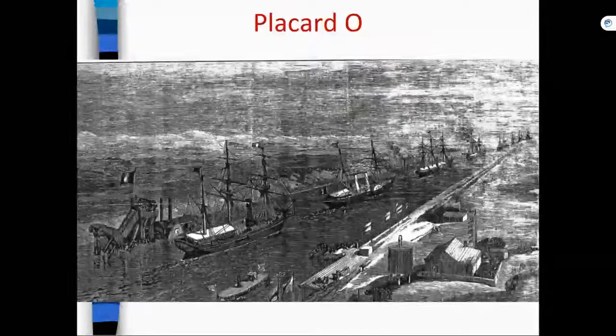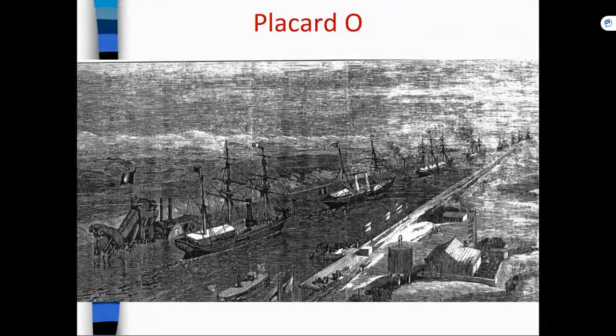Placard O. An imperial yacht passing through the Suez Canal in Egypt at the opening of the canal in 1870.